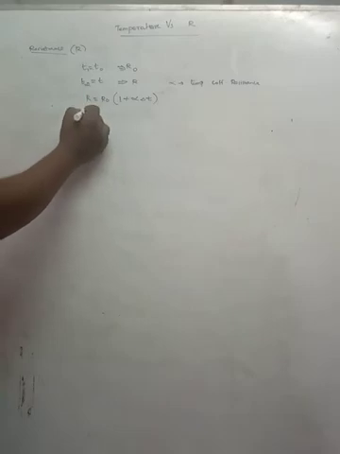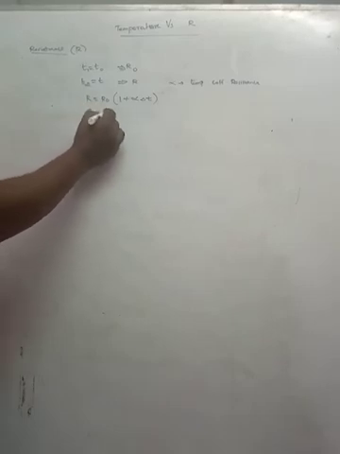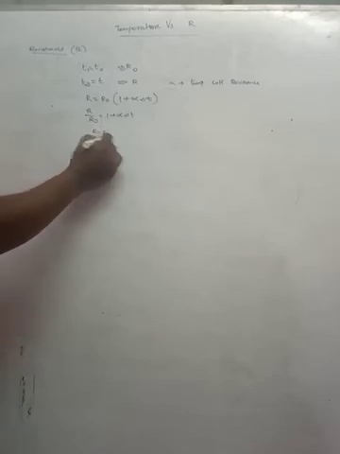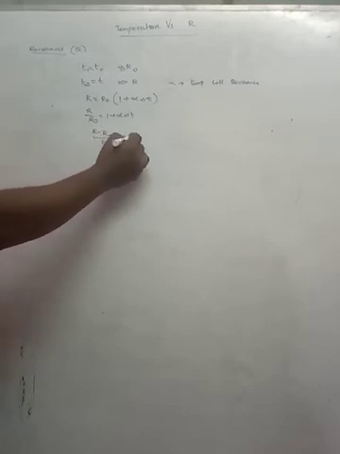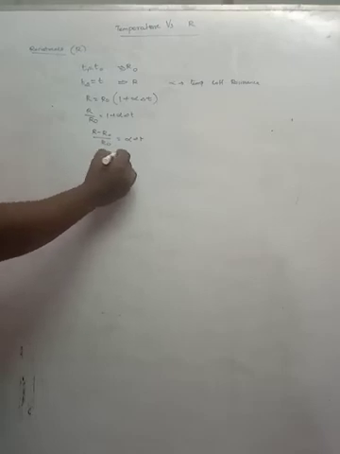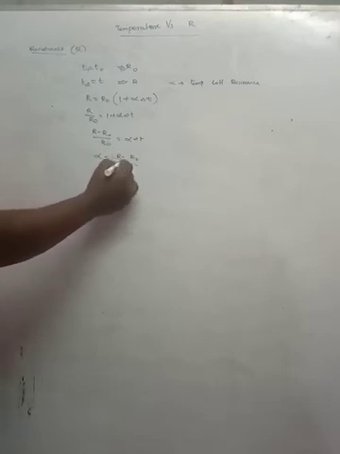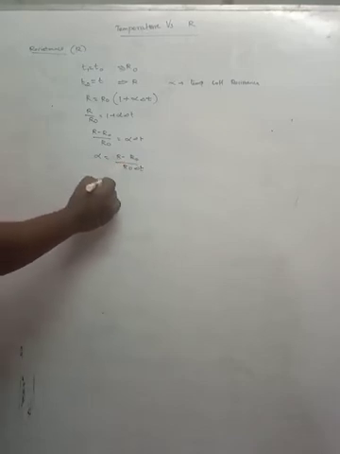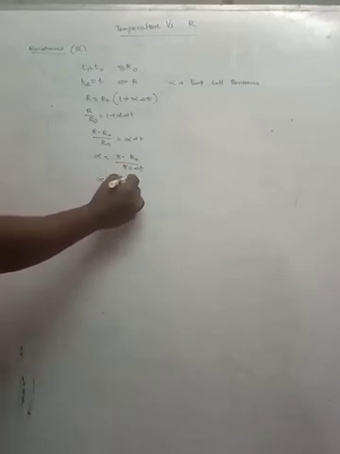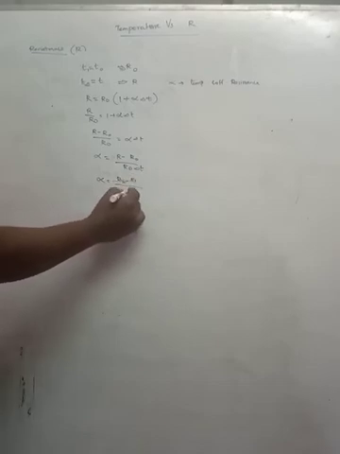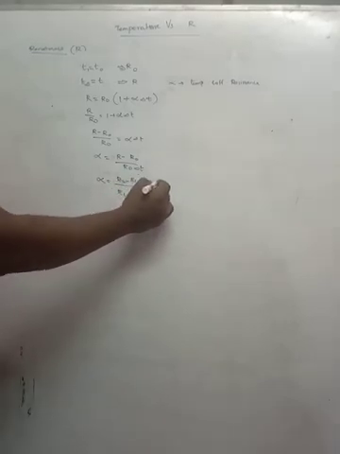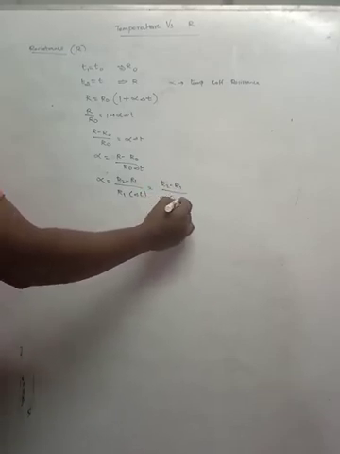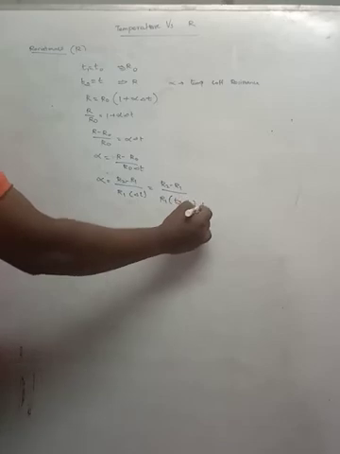Now, in a similar way we can write R by R naught is equal to 1 plus alpha delta T. R minus R naught by R naught is equal to alpha delta T. So alpha is equal to R minus R naught divided by R naught into delta T, or alpha is equal to R2 minus R1 divided by R1 into T2 minus T1.